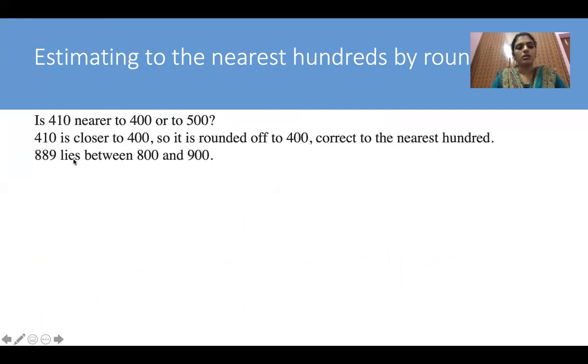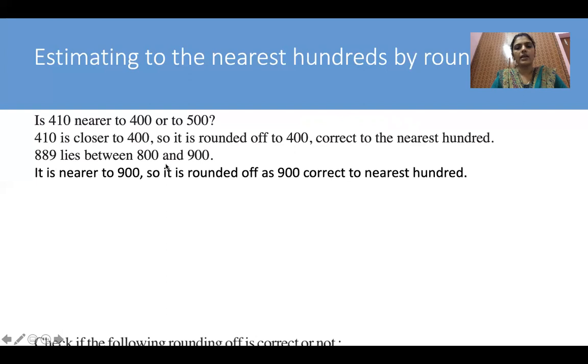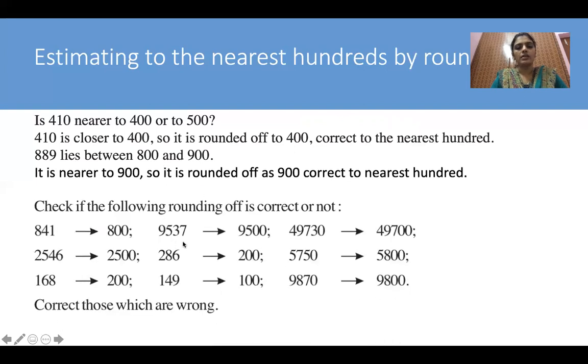Now look at another number, 889. As it lies between 800 and 900 and it is closer to 900, so its estimated value to the nearest 100 is 900. So here are some examples. Check whether their estimated values are correct or not.